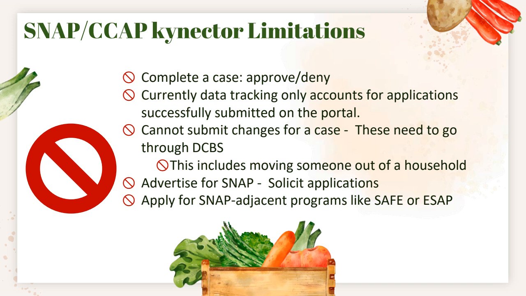That's okay. But they can't go soliciting applications for SNAP. And lastly, they can't apply for SNAP adjacent programs like the Simplified Assistance for the Elderly or the Elderly Simplified Assistance Program. Sounds like the same thing, but they are two different programs right now. But they can't apply for things like that or like disaster SNAP.